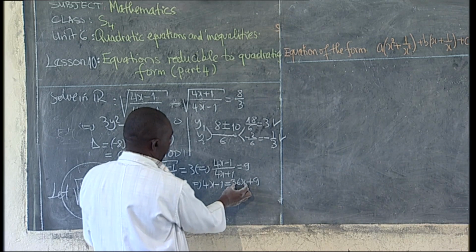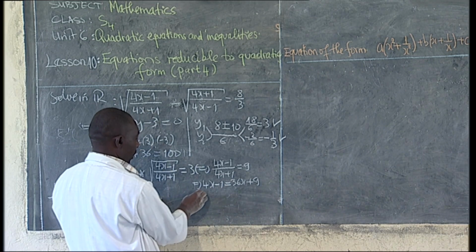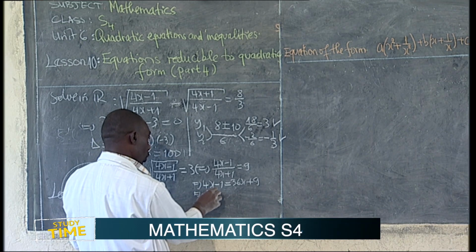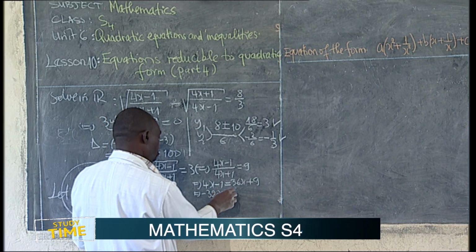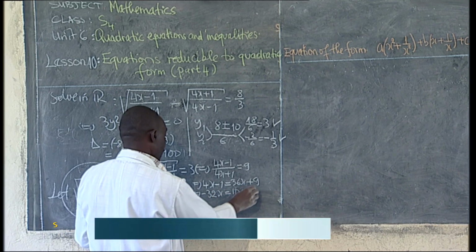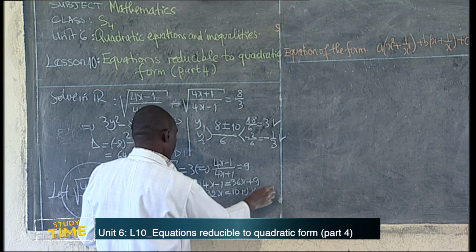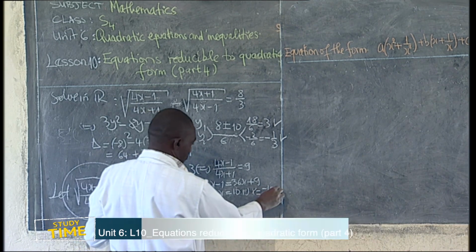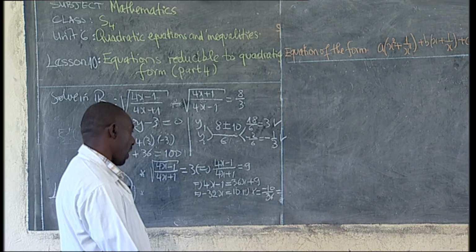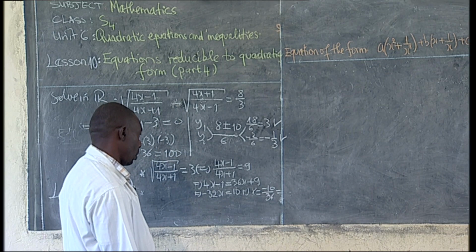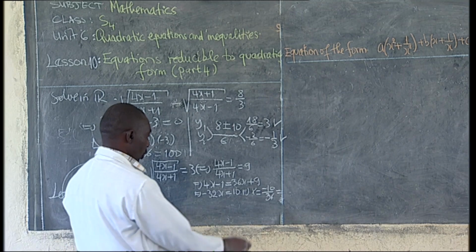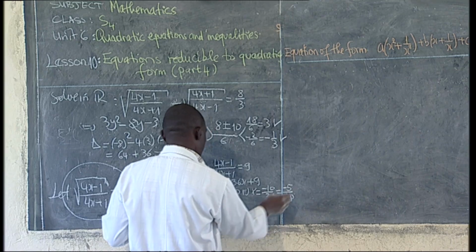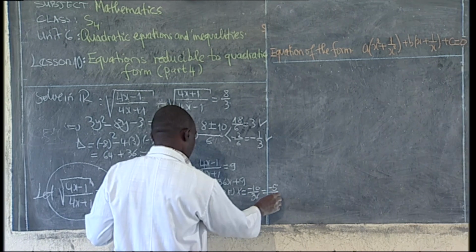When I move this 36x to the left-hand side, I'll be having minus 32x, which is equal to 10, which means that x is equal to negative 10 divided by 32, which is equal to, by 2, negative 5 divided by 16.